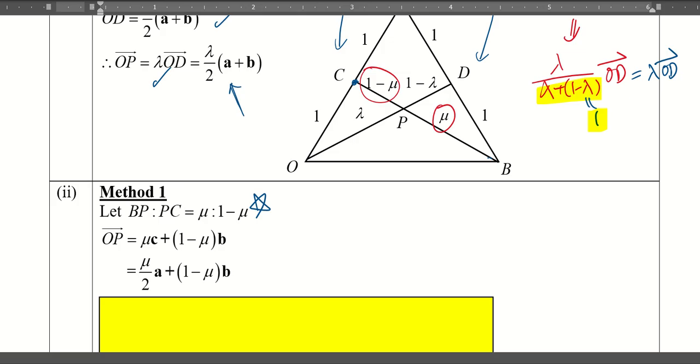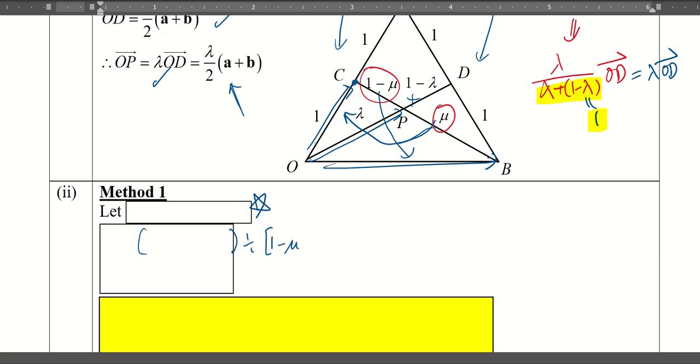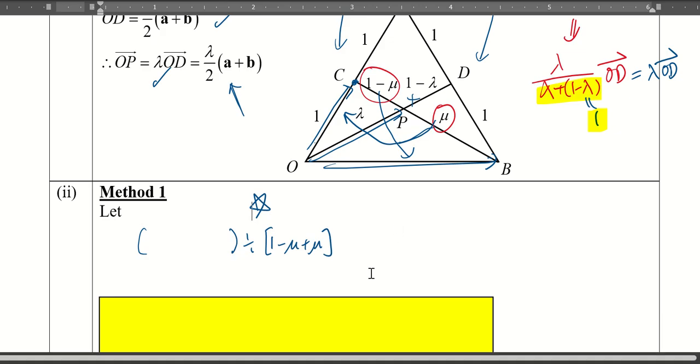So to find OP, let's have 1 minus mu, over total 1 minus mu plus mu, which is... what's happening to the right things? Give me a while.